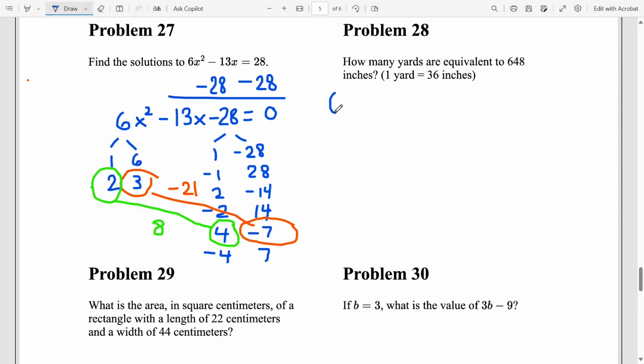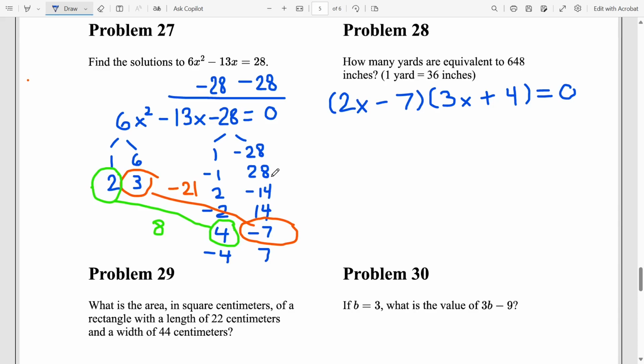And so my factored form is going to be 2x, well, let me write the coefficients in front of x first, and then 3x. The right-hand side of the equation equals 0. I want the 2x to multiply by 4, so I'm going to have to add a positive 4 here, because the outer terms multiply together. And I want the 3x to multiply by negative 7, so I'm going to have to put that on the inner terms here.